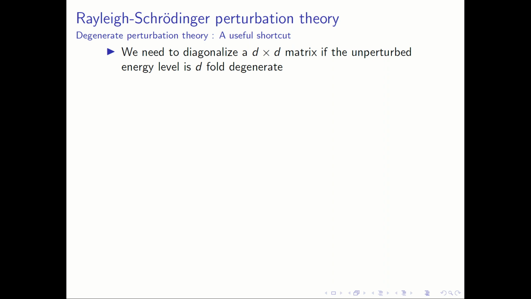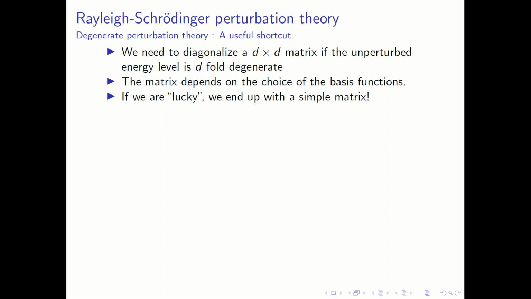Remember, what we need to do is diagonalize a d by d matrix if the unperturbed energy level is d-fold degenerate. Of course, this matrix depends on which set of d independent functions we take to be the basis functions or the unperturbed eigenfunctions to start with. So the matrix depends on the choice of the basis functions.